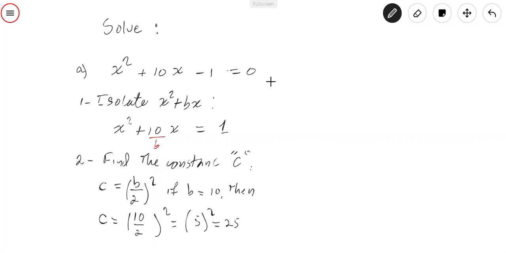Once we know the value of c, the next step, step number 3, would be to add c to both sides.